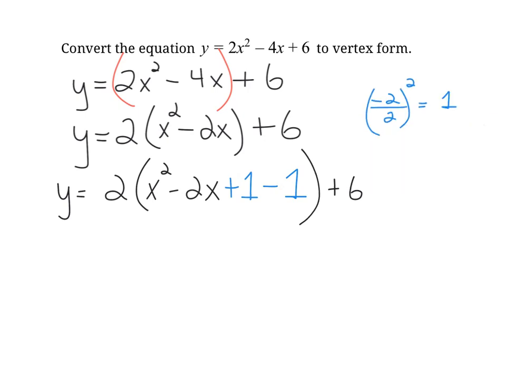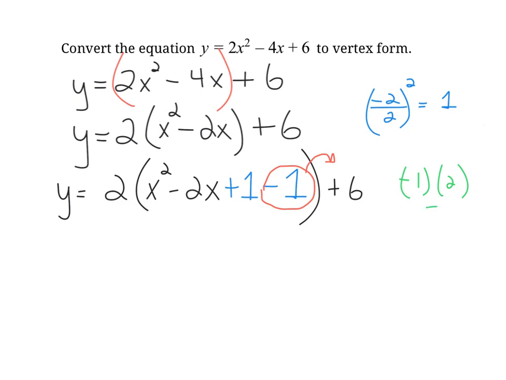Our next step is to take the number that we subtracted, so the -1, and we're going to pull it out of the bracket. Now, when we pull this -1 out of the bracket, you also have to multiply it by the number that is at the front, that common factor that we pulled out at the very beginning. So we have a -1, but we need to multiply it by 2.